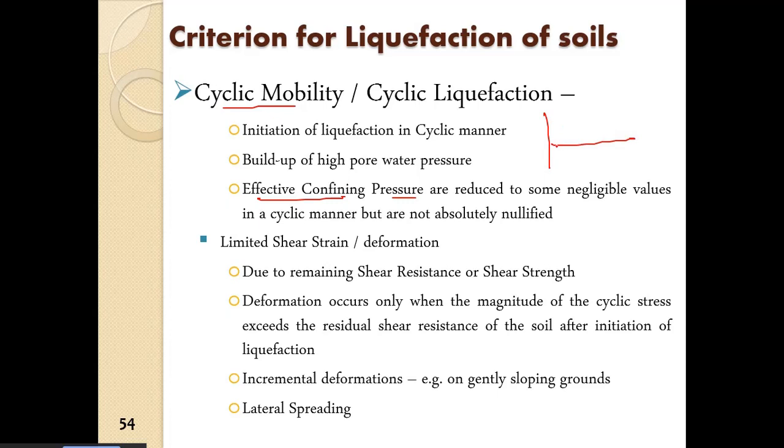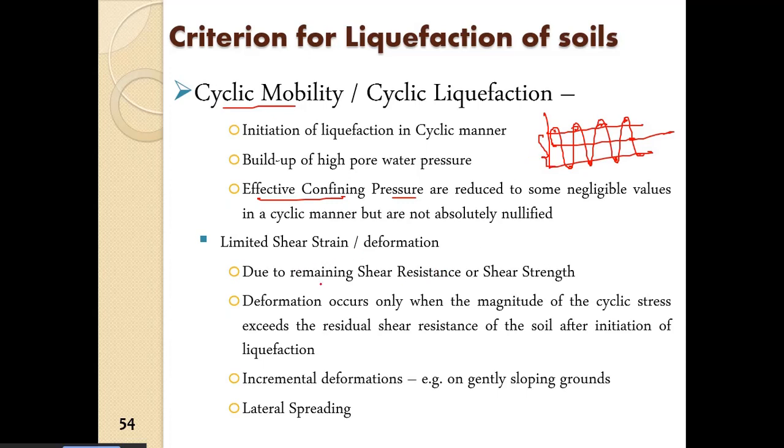If you notice, the loading in an earthquake is in this manner. So in some cases, only some region of the loading is exceeding the shear stress resistance of the soil.